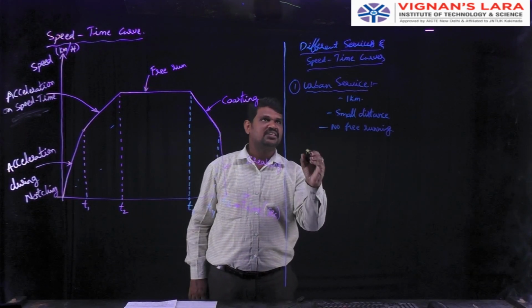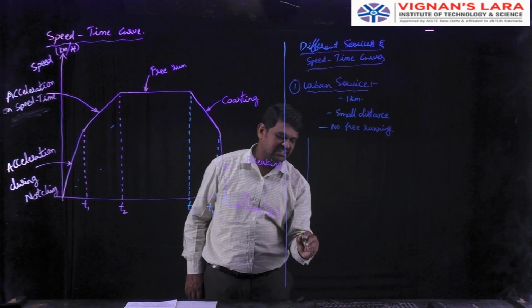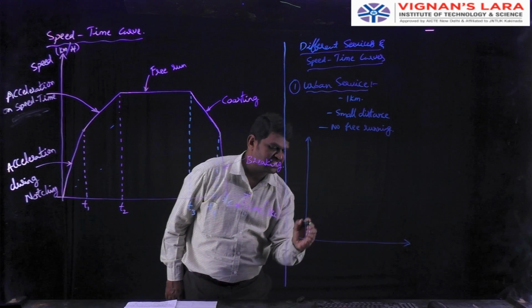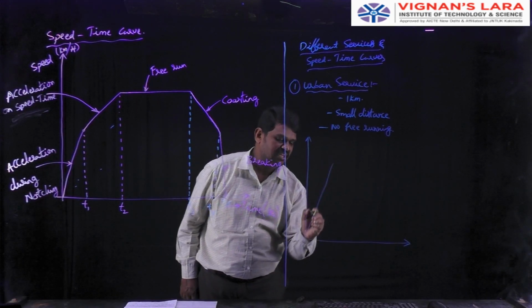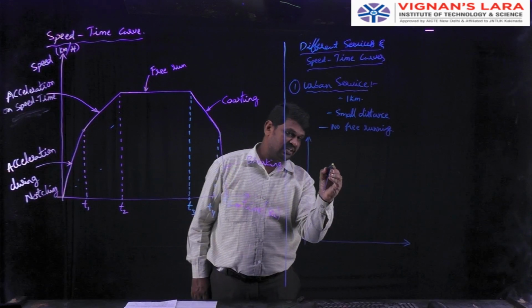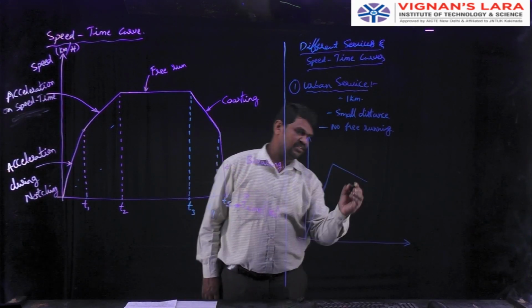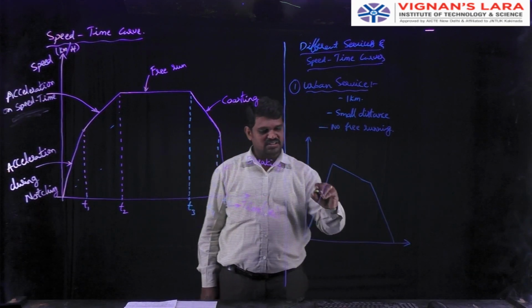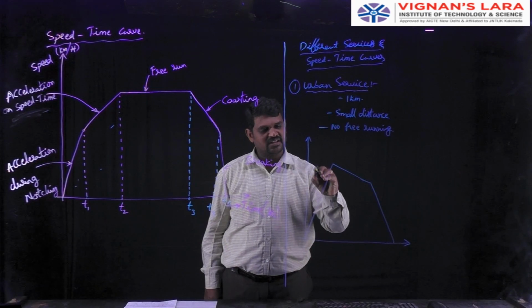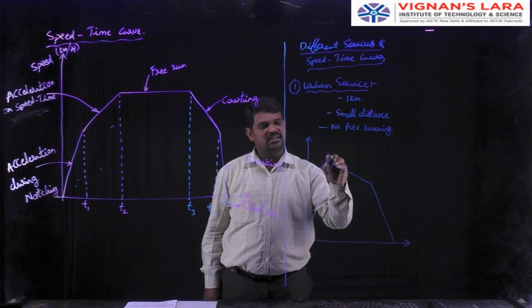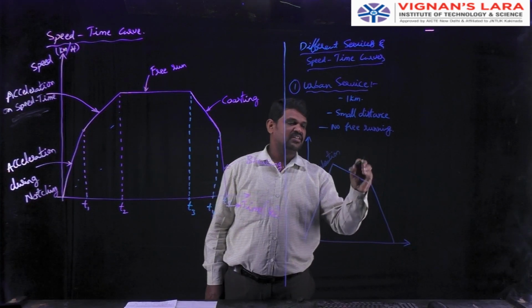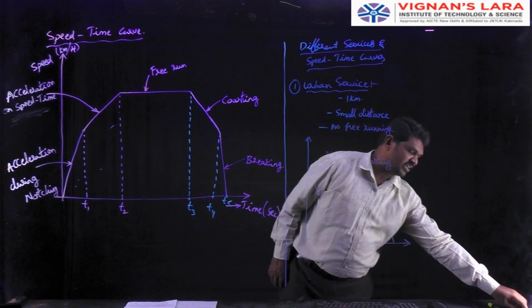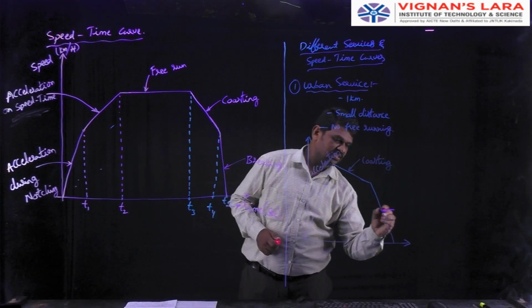Now if we draw the urban service speed time curve, it has the acceleration period, next the coasting period, and then the braking period.